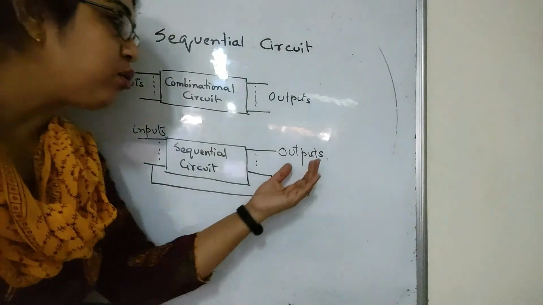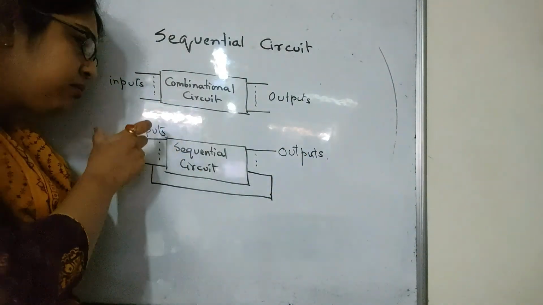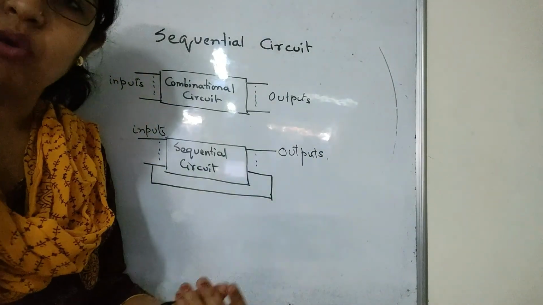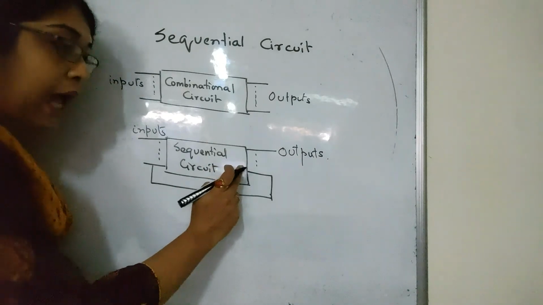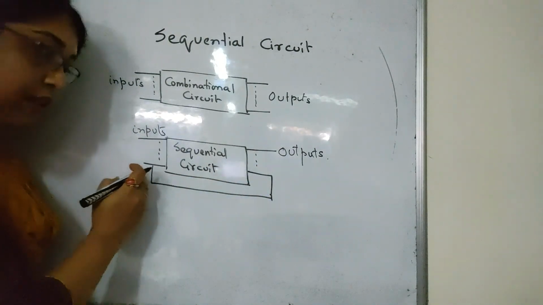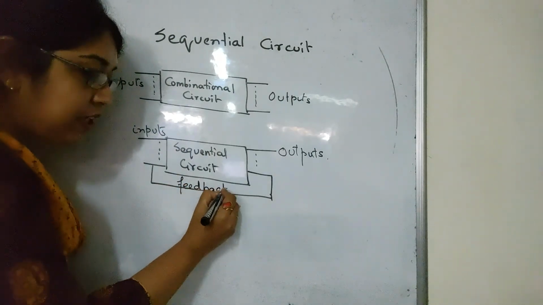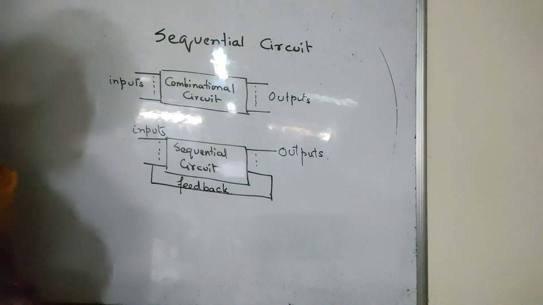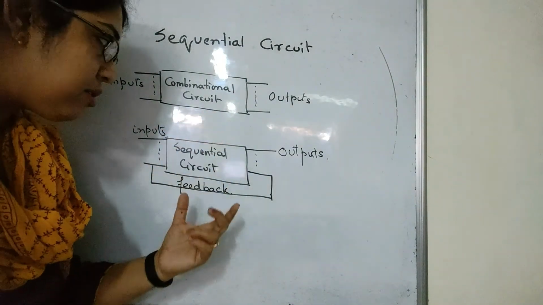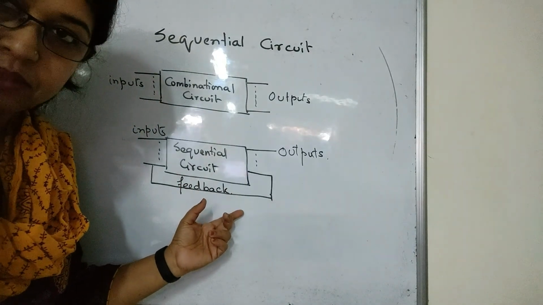So the output that we are getting not only depends upon the current input, but also depends upon the previous output that was obtained. This returning back of the output line as an input line is called feedback. So combinational circuits do not have any feedback line, but in sequential circuits we get feedback lines.